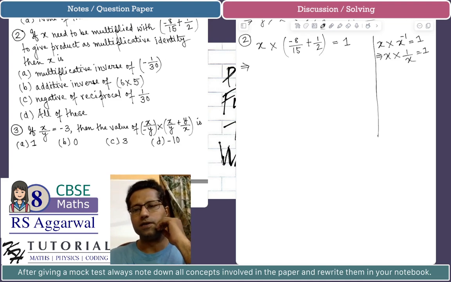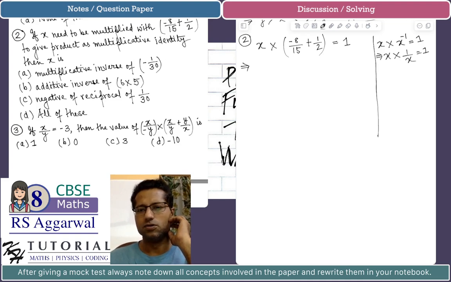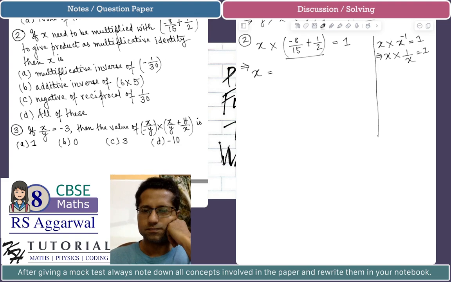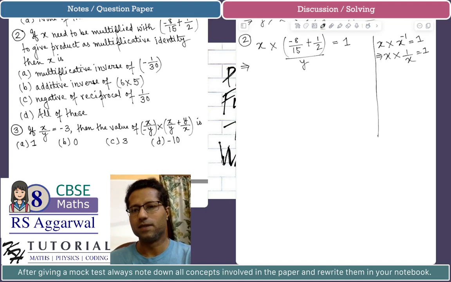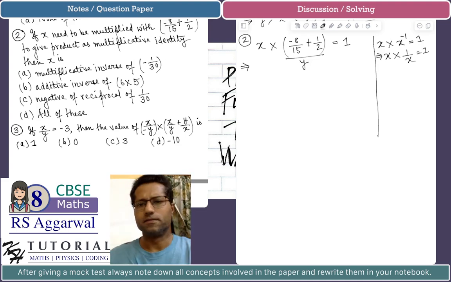From the given equation we can see that x multiplied by something is equal to 1. Let's say I am denoting minus 8 by 15 plus half as y.